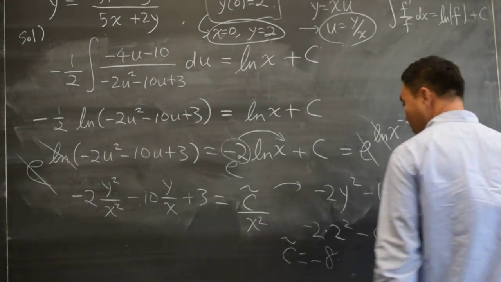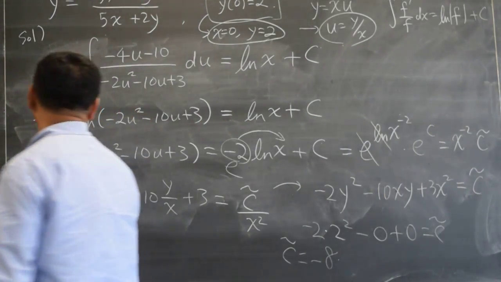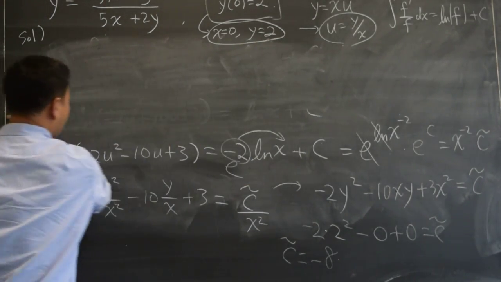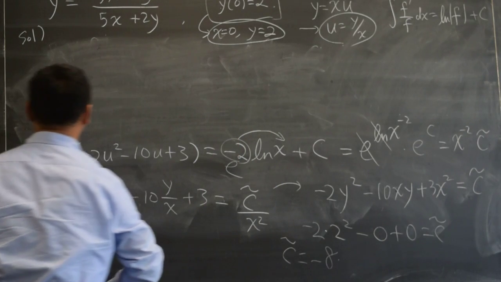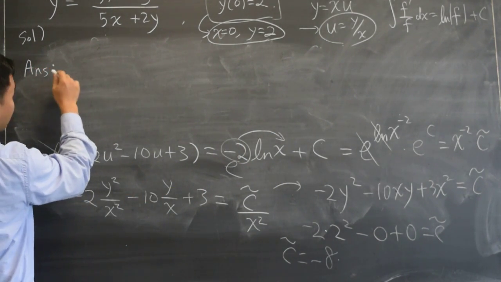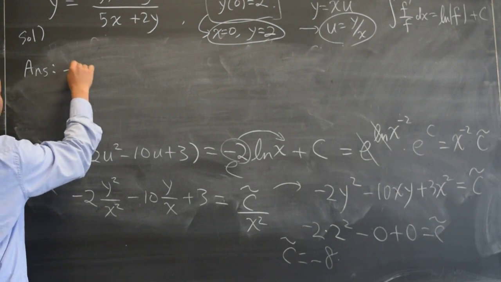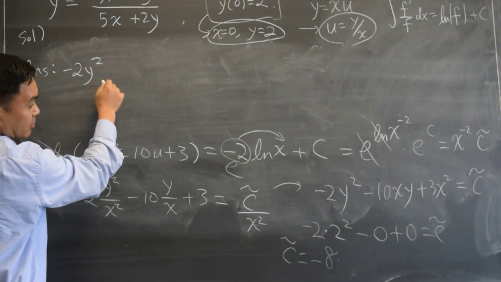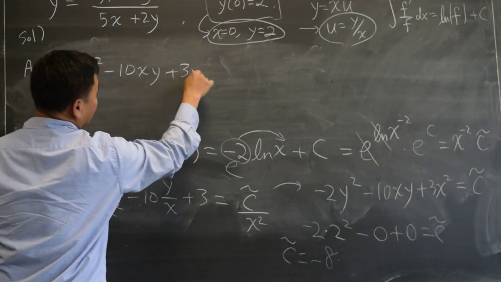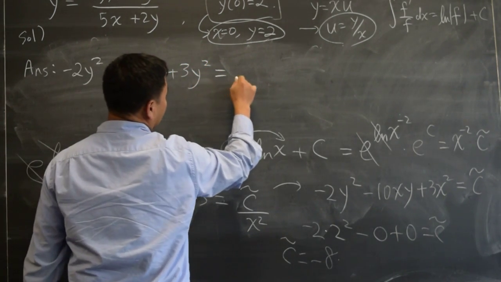And therefore, our final answer, I want to put it up here. The final answer is negative 2y squared minus 10xy plus 3x squared equals negative 8.